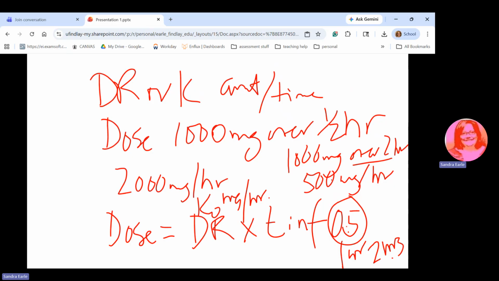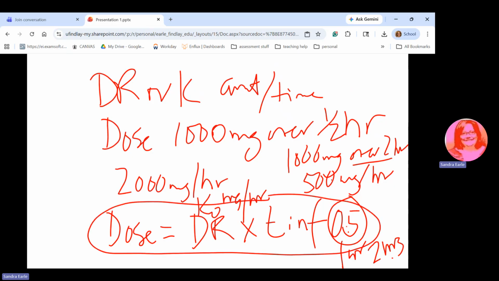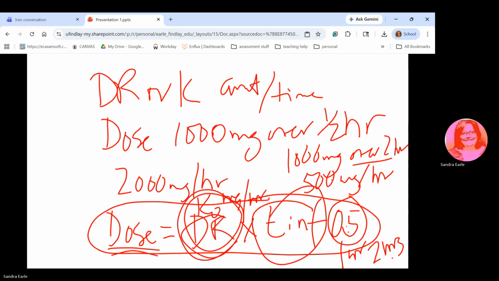So you have to be really careful that you put the correct dose rate in with the correct infusion to make sure you're giving the right dose. So just know that equation, that dose equals dose rate times time of infusion. Won't let me write that. Okay? It's another little hint.